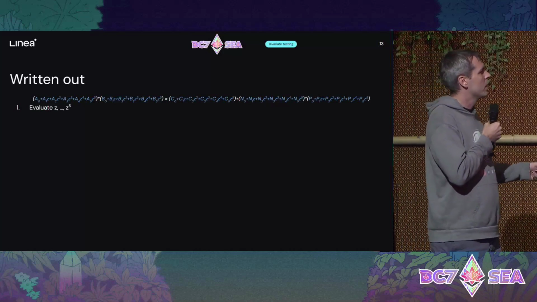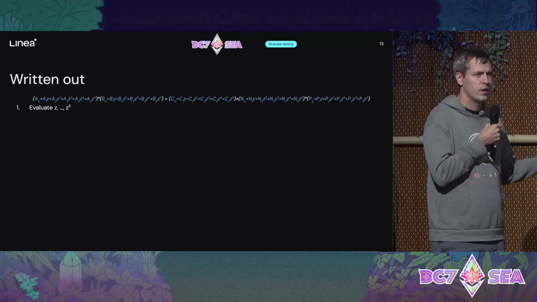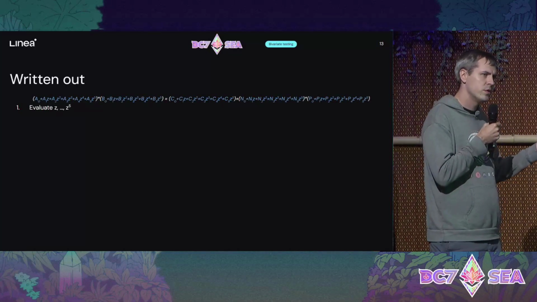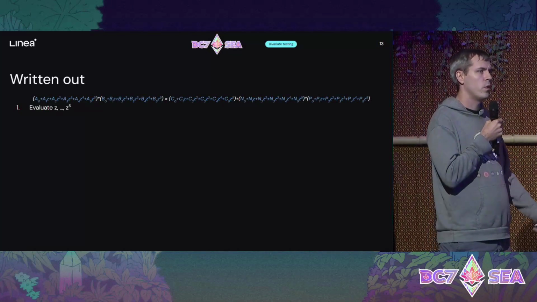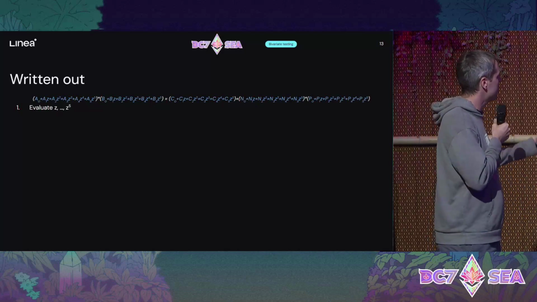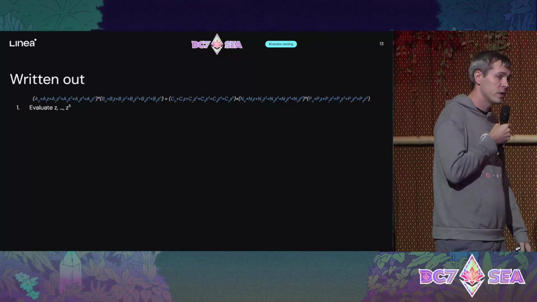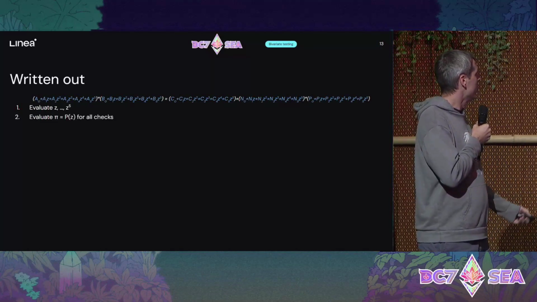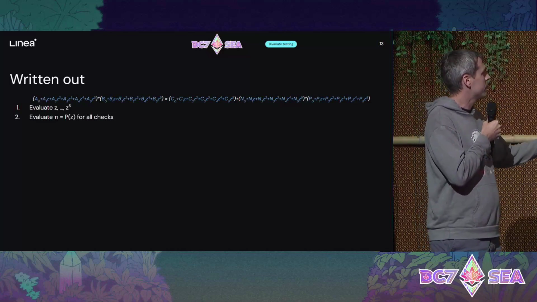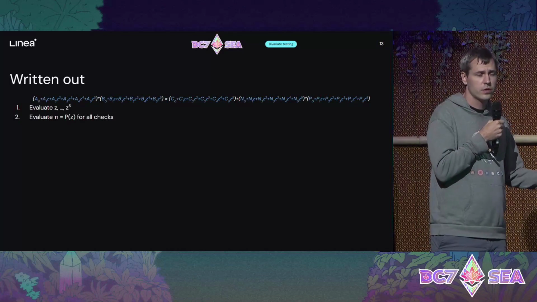So for example, instead of computing a Fiat-Shamir challenge for every check, we compute it over all checks, like if we hash all of the inputs, then we can share this random variable Z. We can compute all of the powers of Z. We evaluate the P of B at this one place because it is shared over all checks.